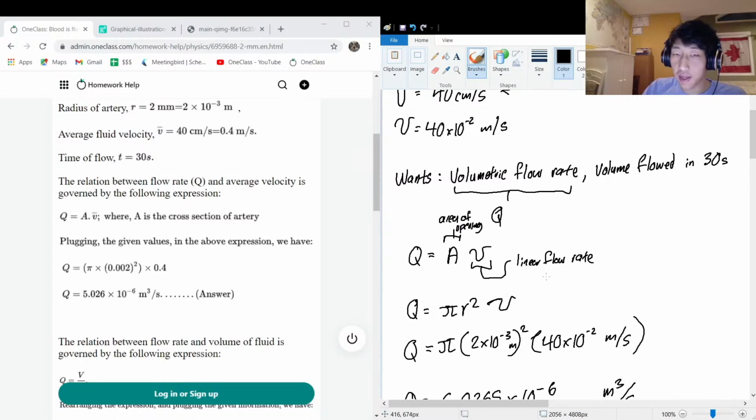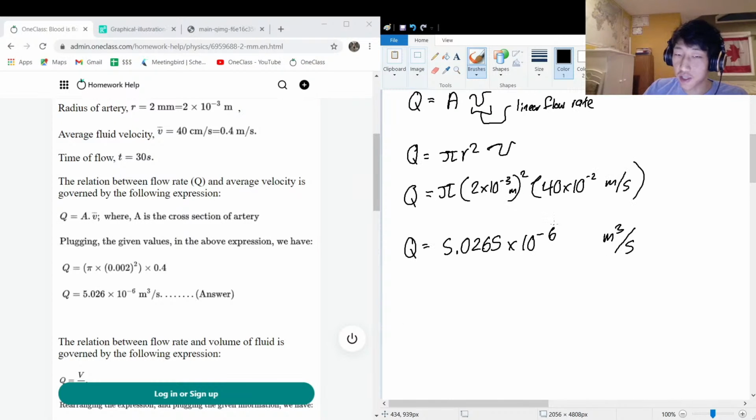Now, to find the total volume flowed in 30 seconds, we just multiply our volumetric flow rate by the time. Let's use capital V for volume, so the volume of blood is going to be Q multiplied by the time flowed, Q t. Ain't that a cute little thing?